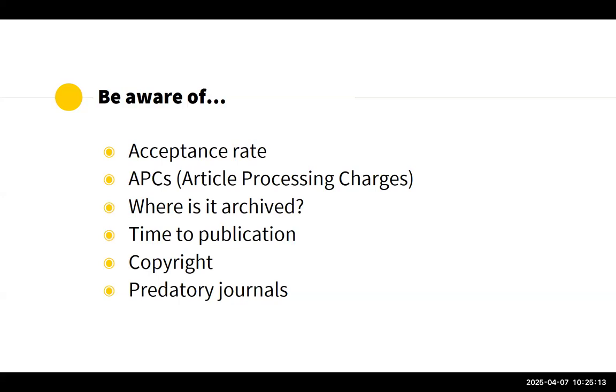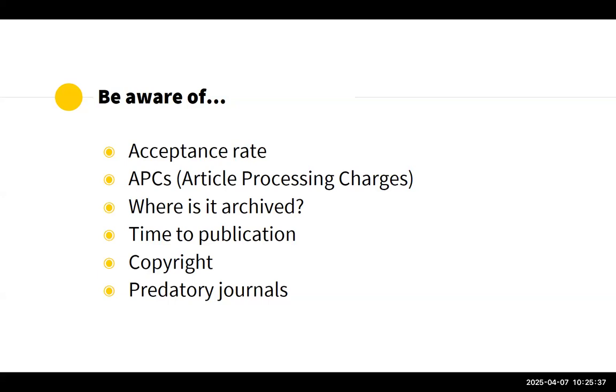And finding predatory journals can be its entire own presentation, but the best way to see if it's a legitimate journal is A, search in databases and see if the journal can be found in these scholarly databases.